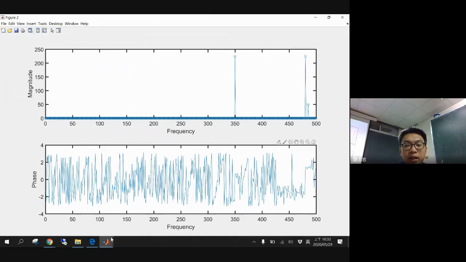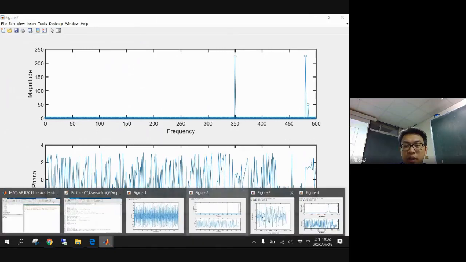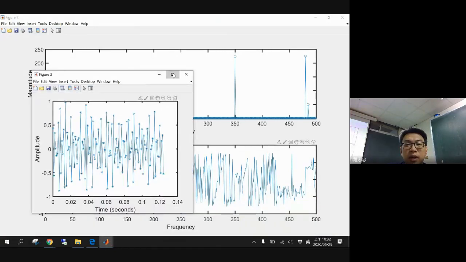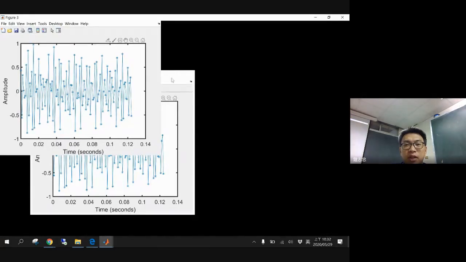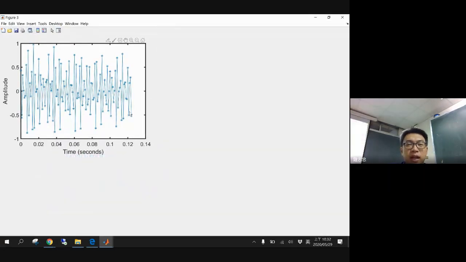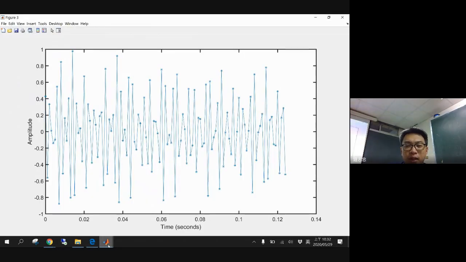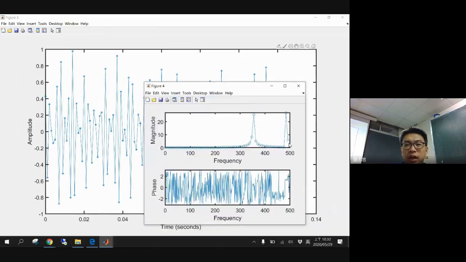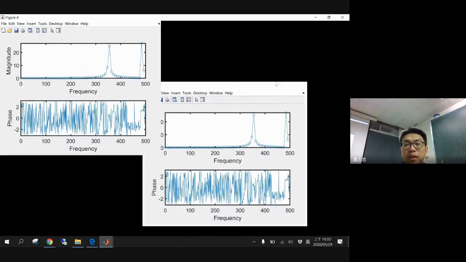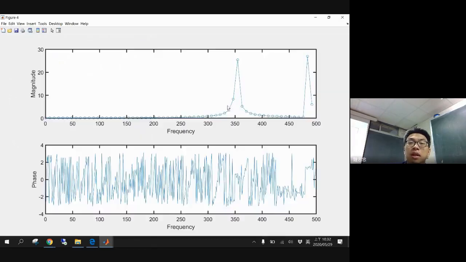Another one is truncation. Here, I truncate to only 1/8 of the length of the original. After the truncation, you can find this truncation effect. For the first one, maybe I can still find the component around 350 hertz.